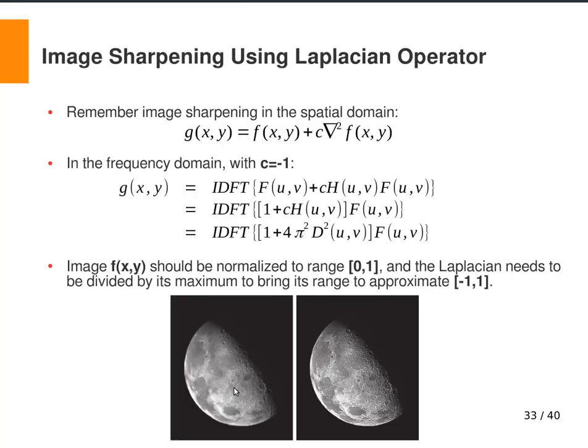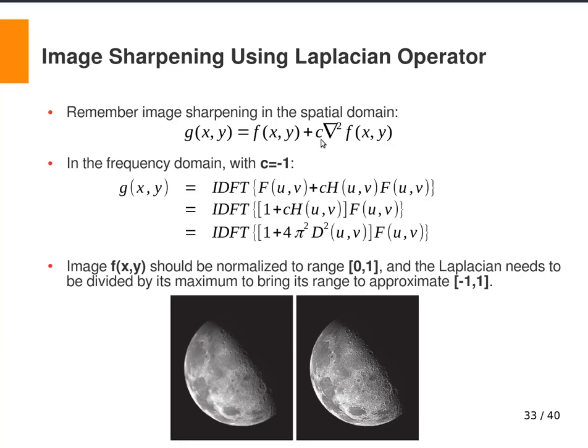So now let's see how we can do image sharpening using this Laplacian operator in the frequency domain. If you remember from before, image sharpening using the Laplacian operator in the spatial domain had an equation of this form. We basically add the original image to a weighted version of its Laplacian. The Laplacian is used to detect the edges and sharp transitions in the image.